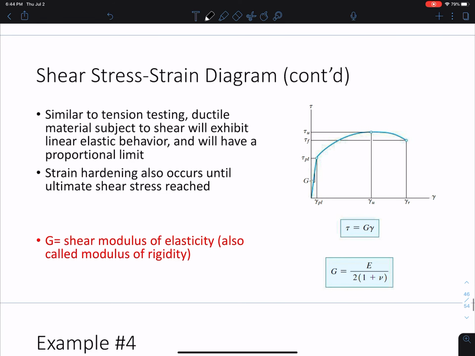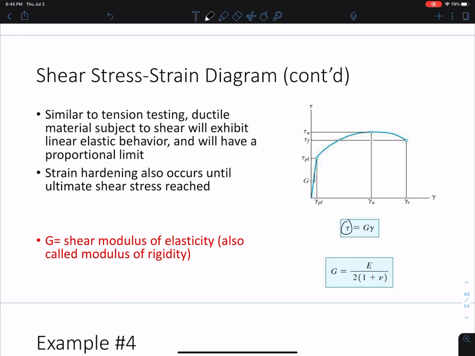So we have a shear stress strain diagram that looks something like this, and it's very similar to our normal stress strain diagram. This is for a ductile material, and you'll see some similarities here. We have the shear stress tau equal to G gamma, and this is for the elastic region.